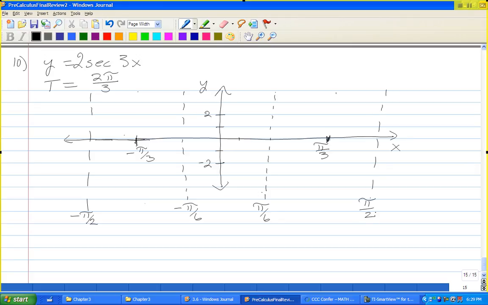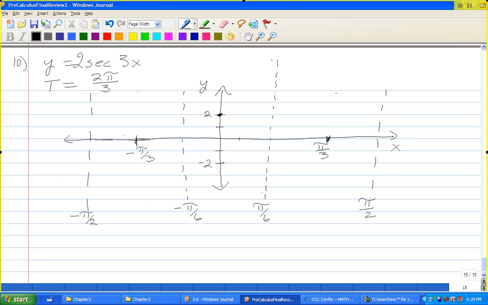Okay, so now let's see. At 0, secant of 0 is 1. And so y is 2. At pi over 6, 3 times pi over 6 is pi over 2. Secant of pi over 2, well, cosine of pi over 2 is 0. Therefore, secant goes to infinity.